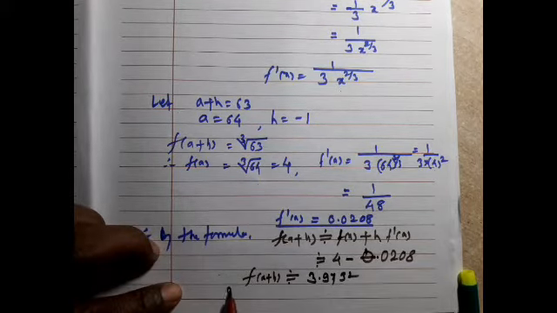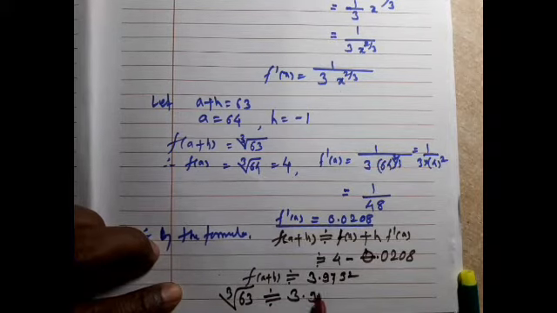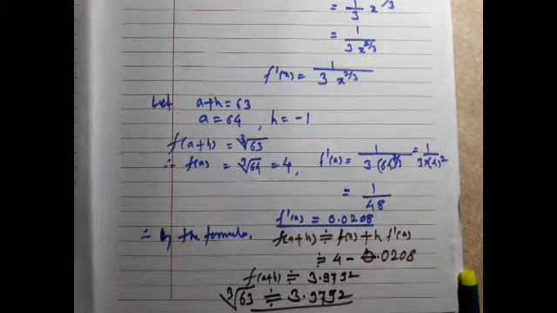That is, cube root of 63 is approximately equal to 3.9792. So if you understand this skill and use this formula, then approximation is very simple.